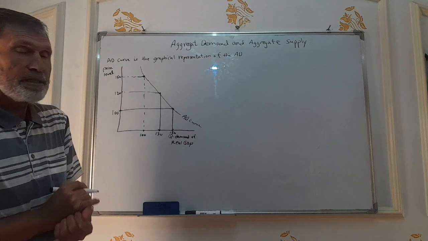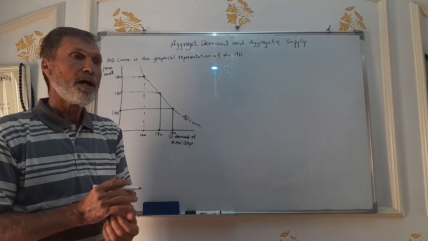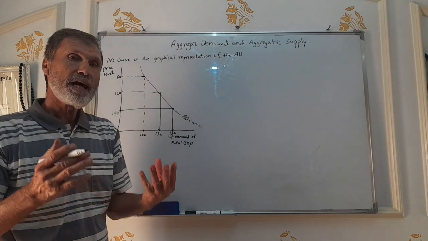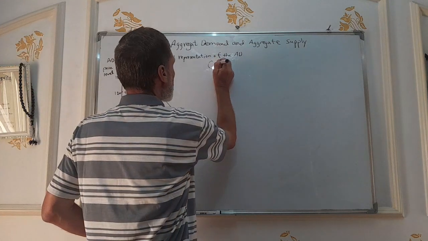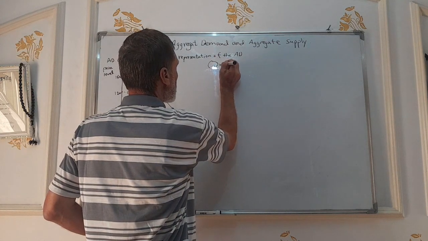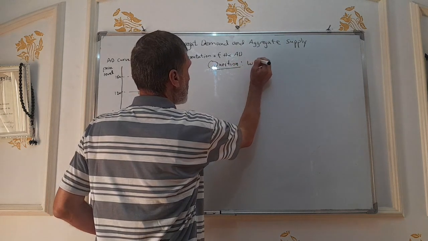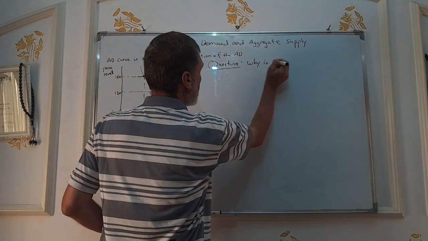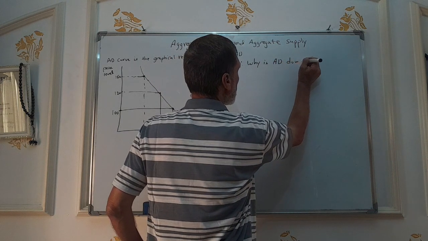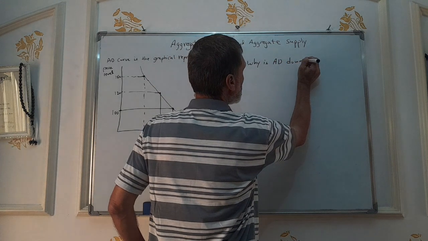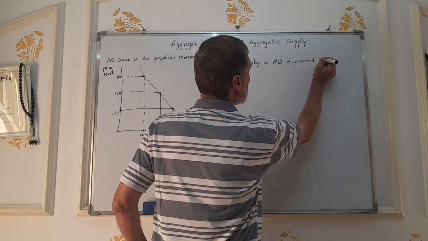Now, the question that economists usually ask: why is aggregate demand downward sloping?